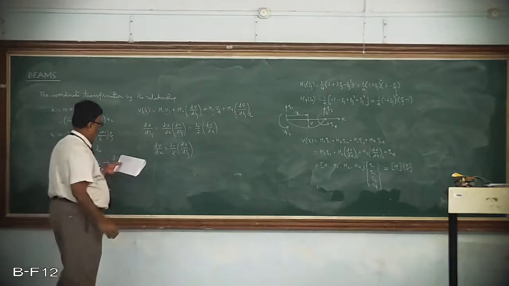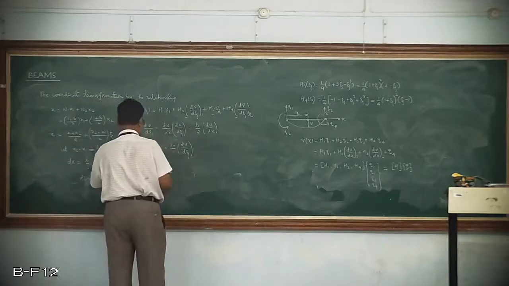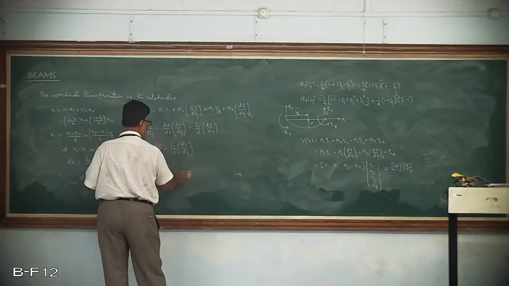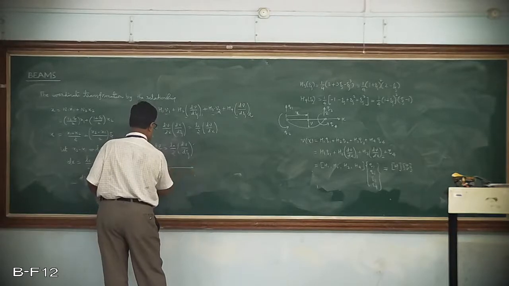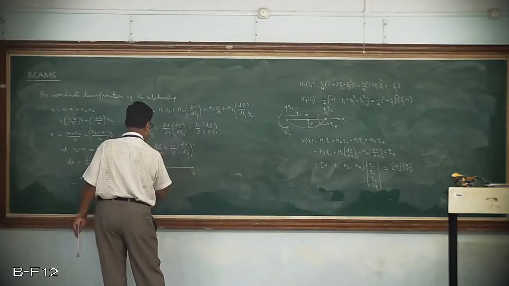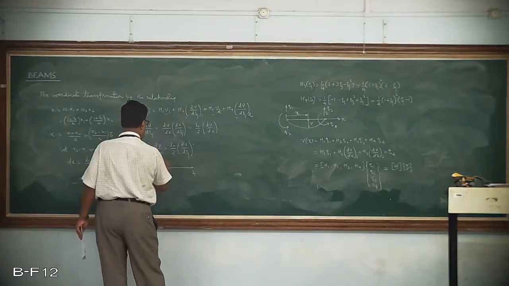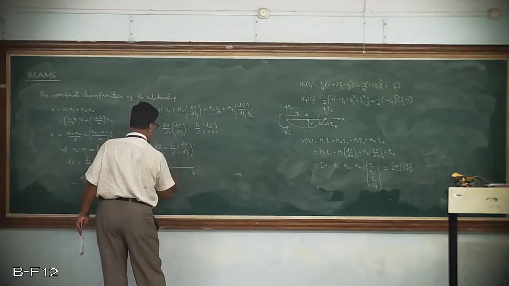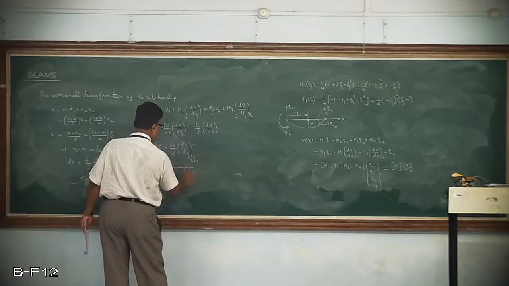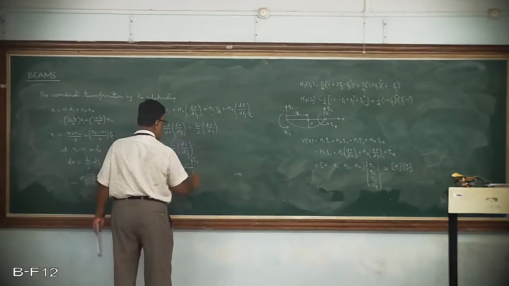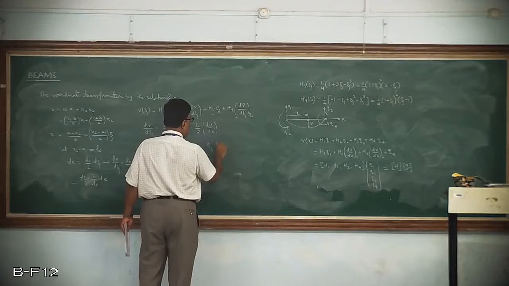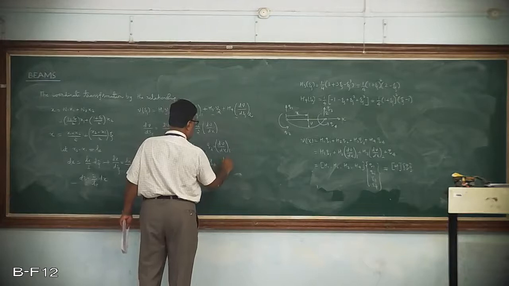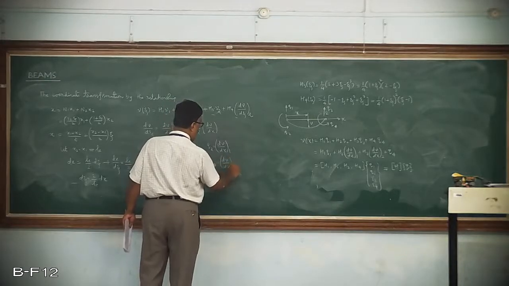Once we know this, this can be found out. For example, at node 1, I have already told you this is Q1 and Q2, this is Q3 and this is Q4. Please remember Q2 and Q4 are nothing but dV by dx at node 1 and dV by dx at node 2.